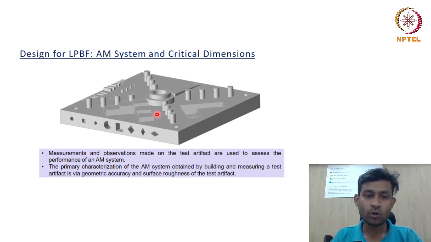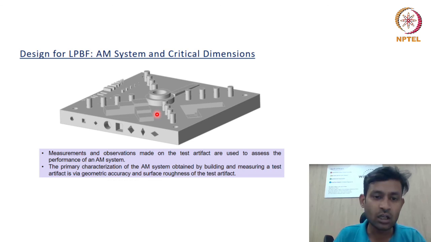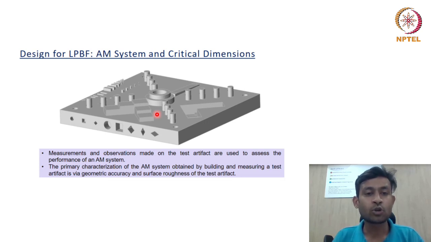So with respect to different kinds of shapes and geometries such as circular and rectangular, with respect to different types of overhangs such as 0.1 mm, 0.3 mm, and 0.5 mm overhang, and also with respect to different wall thicknesses, ranging from the minimum possible wall thickness that can be built to the highest aspect ratio that can be built. All these things define the characterization of a machine, the characteristics of the machine.